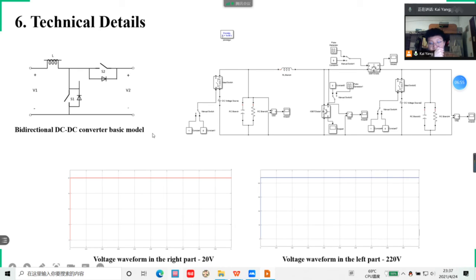And from the oscilloscopes, we could find the left part is stable at 220 volts, and the right part voltage is stable at 20 volts. It shows the effect of the bidirectional DC converter.